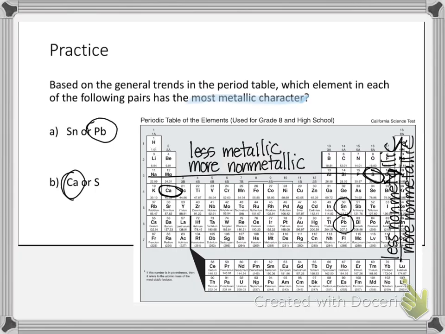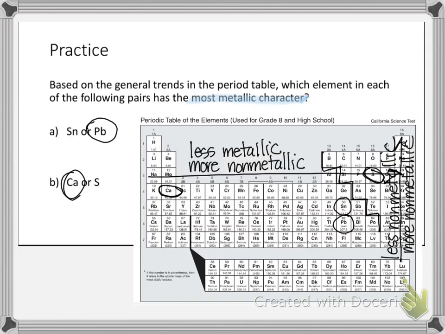So the answer would be calcium. And that makes sense because here's my stair-step line, and to the left are metals and to the right are nonmetals. So calcium is a metal and sulfur is a nonmetal. Okay, and again, on the last page, I'll put all three trends together.